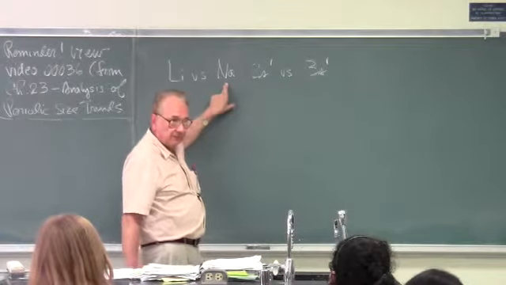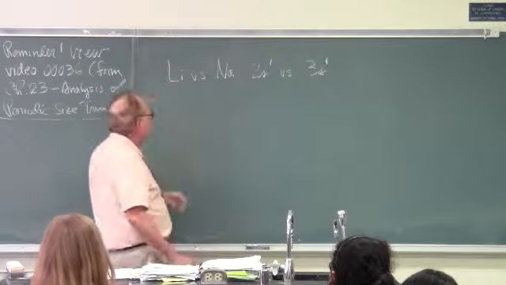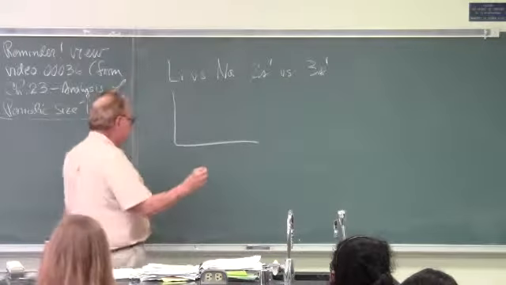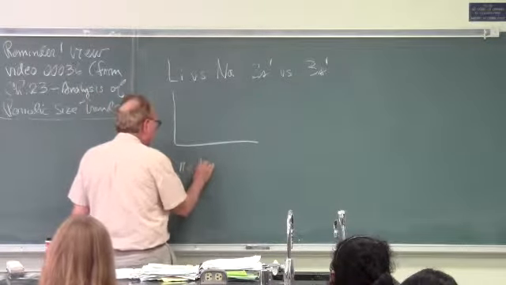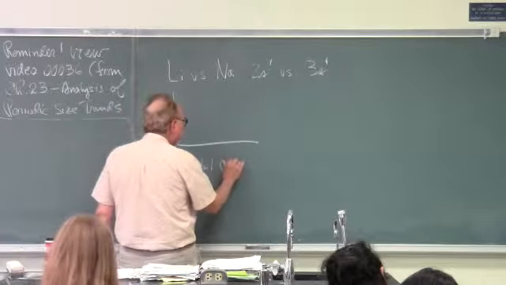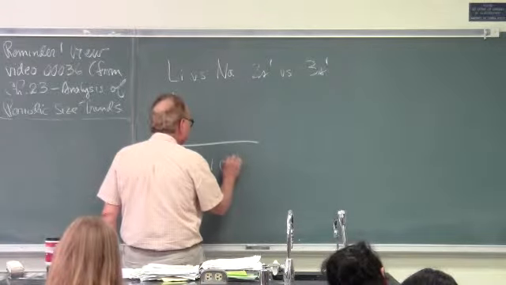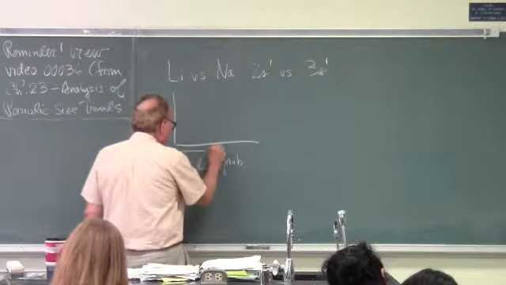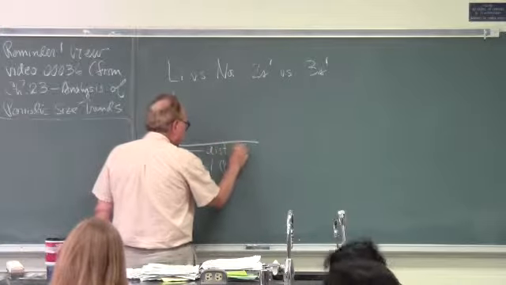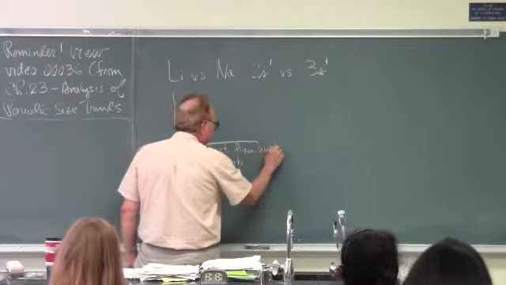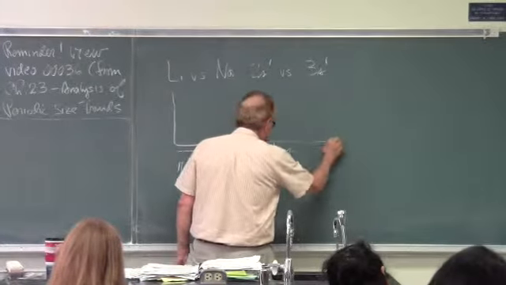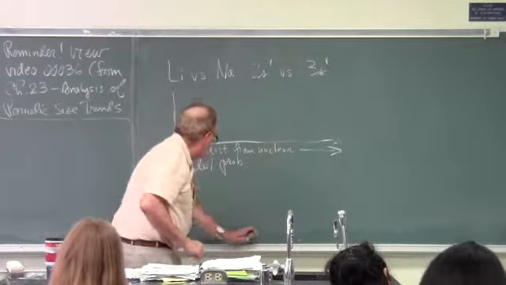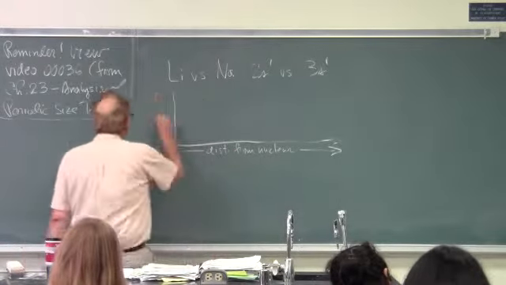Okay? Now, along with this, you looked at radial probability graphs. I'm betting radial probability is this way, distance from nucleus, and this is really radial probability this way.